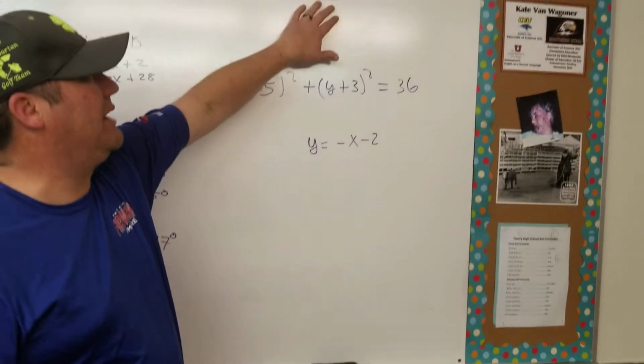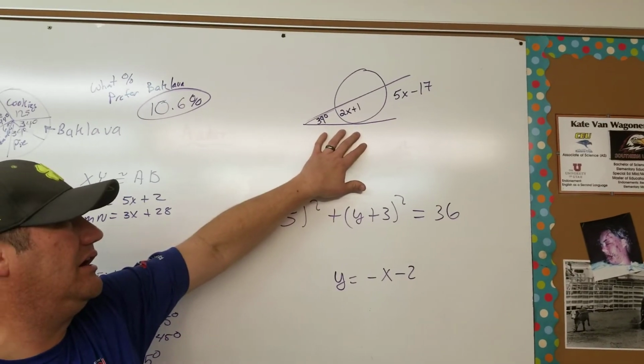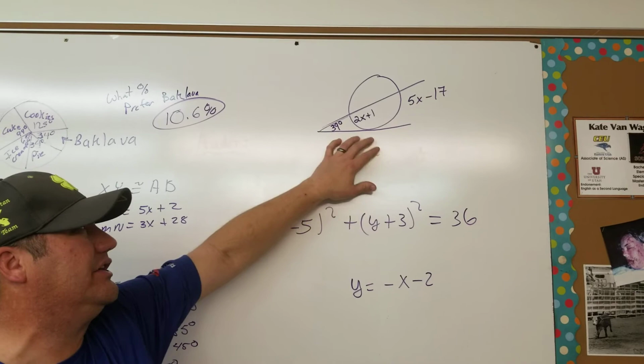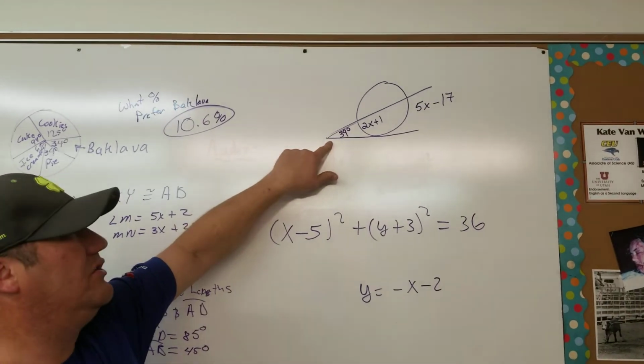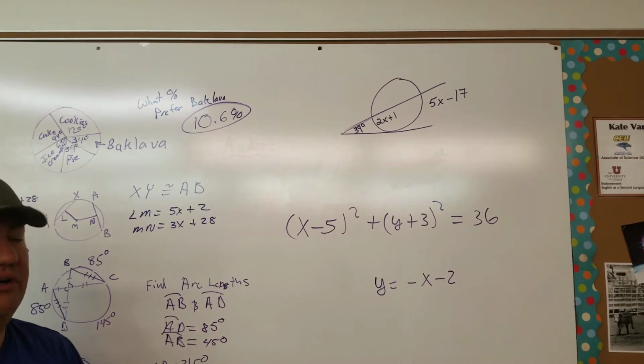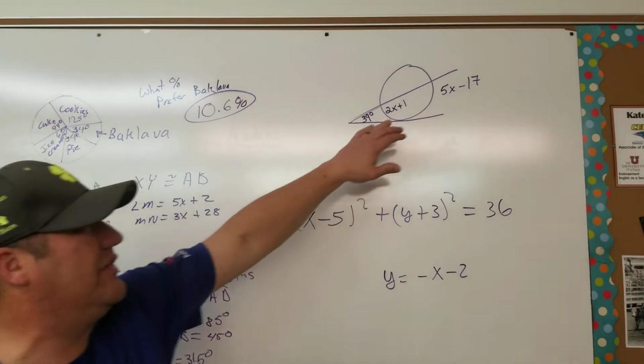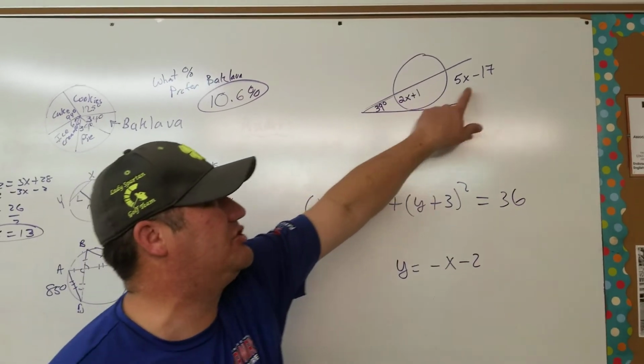Now we're going to talk about an exterior angle with arcs. Okay? An exterior angle with arcs, the key thing here that you have to think about is that if it's on the outside, I need to subtract.